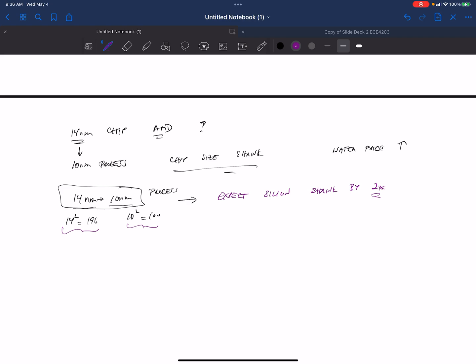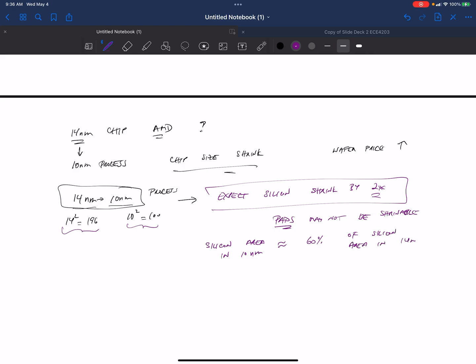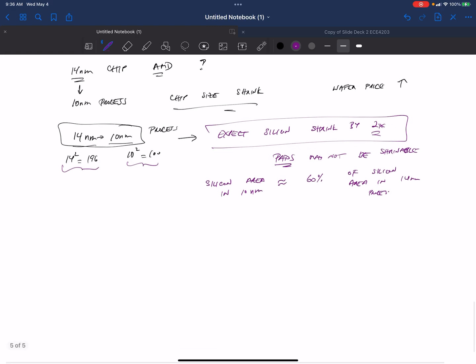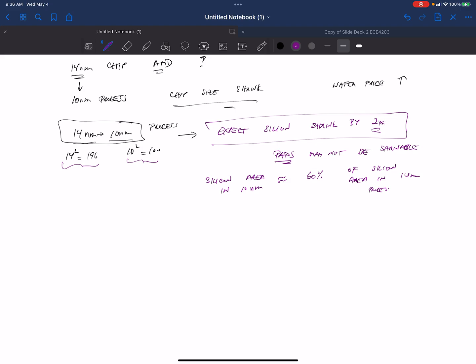There might be some parts in your chip, like we talked about the peripheral pads, things like that, that may not be shrinkable because they have to be a certain size to fit in the package, etc. So let's say the silicon area in 10 nanometers is going to be 60% of silicon area in the 14 nanometer process. Okay, so let's work with that.